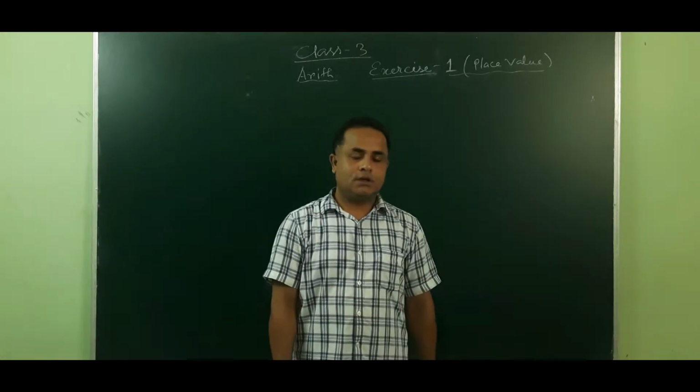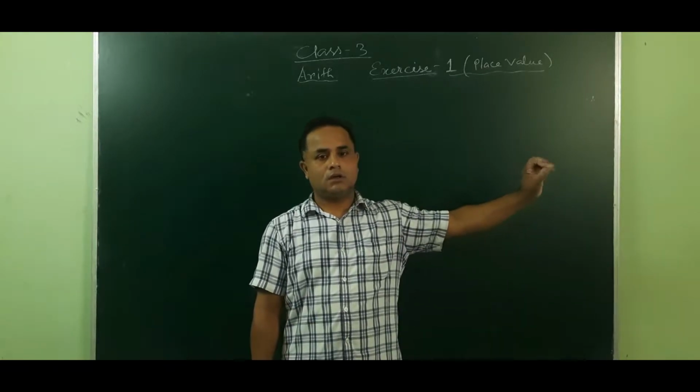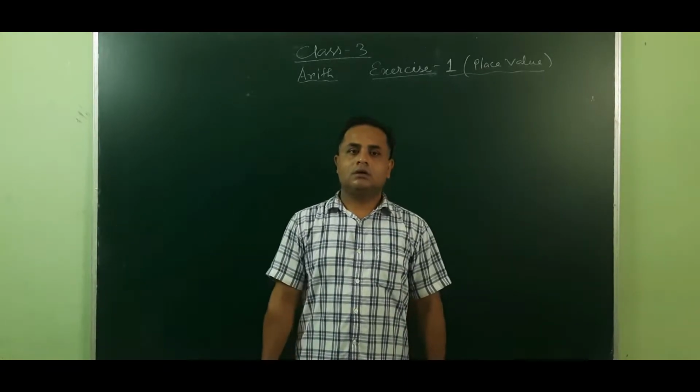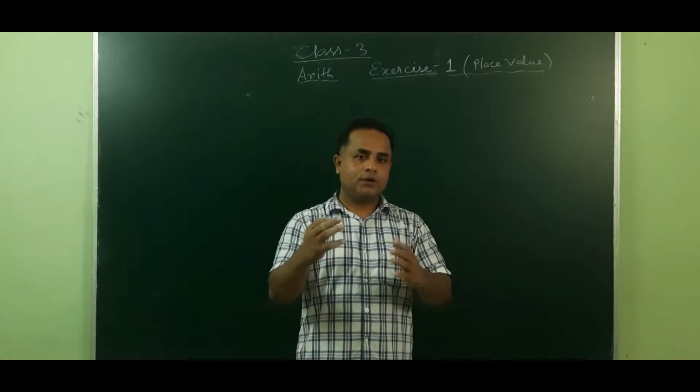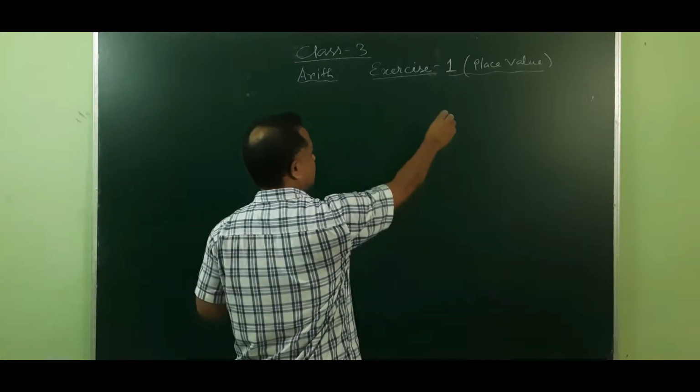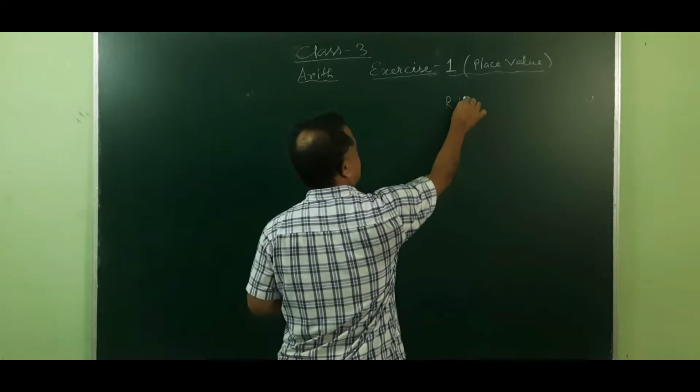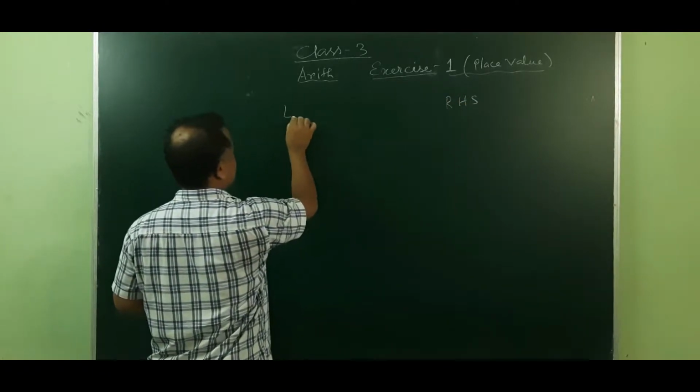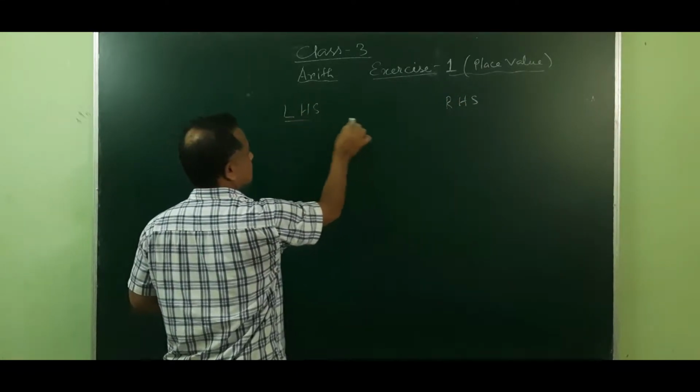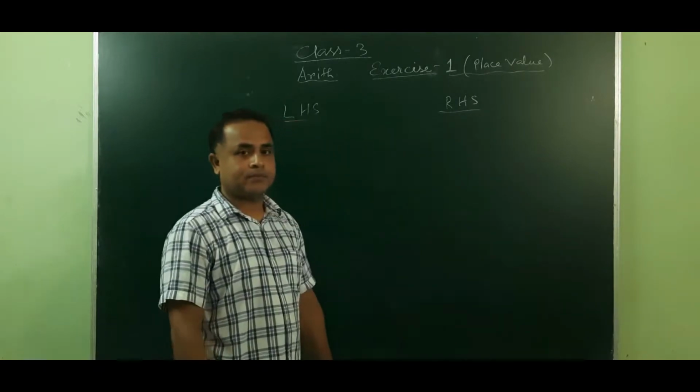Suppose I am standing here, this is my left hand side and this is my right hand side. Now when you are facing the blackboard, this one will be your right hand side and this one will be your left hand side. Same.